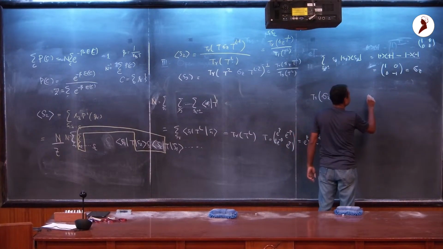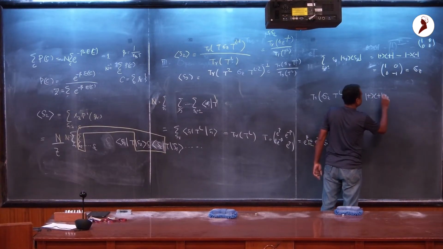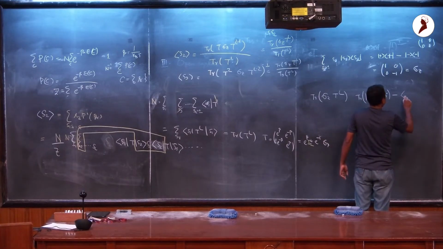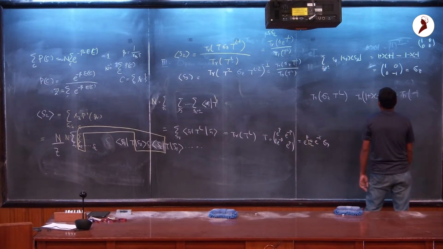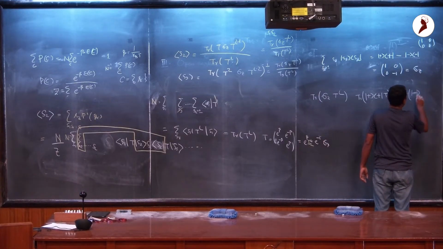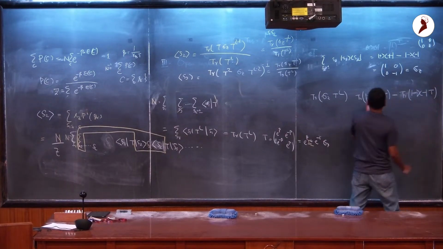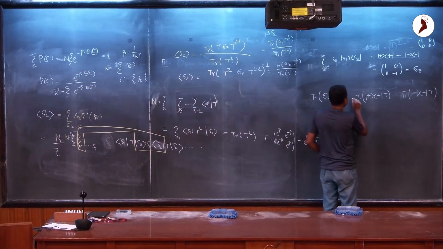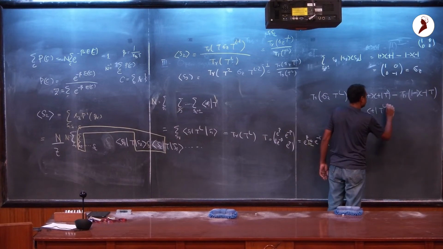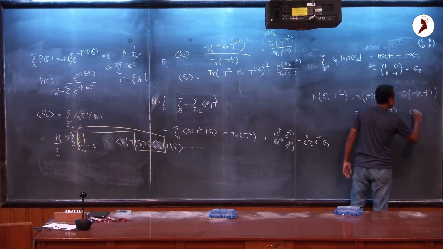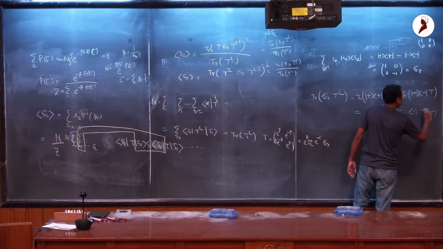So the first term is plus T, trace of that, minus trace of minus T. But the trace of this is just the plus element of T to the power L minus the minus element of T to the power L.